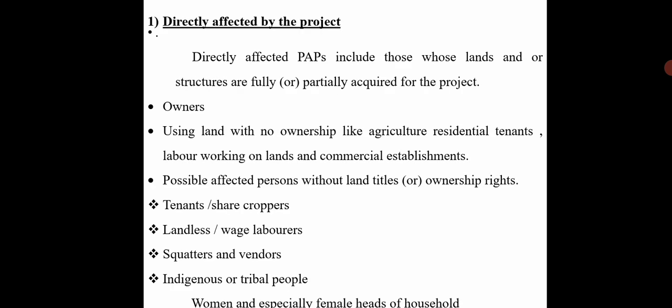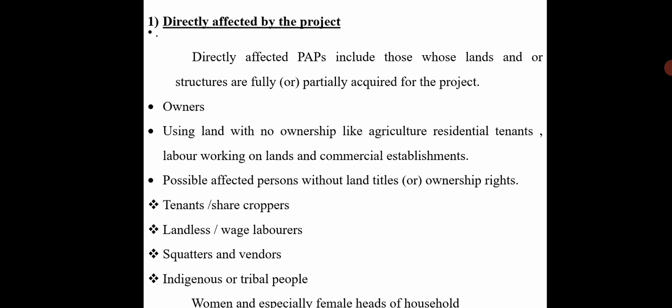Let us see the people directly affected by the project. Directly affected people are those who lose their lands or structures fully or partially for the project. They are known as owners.